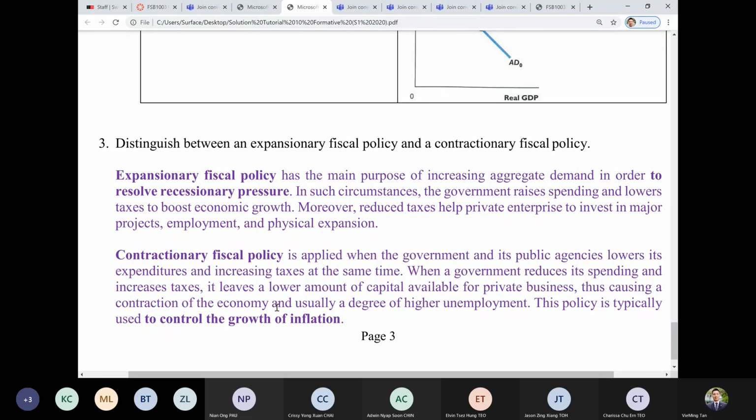Once the AD value reduces, this will shift the AD to the left hand side, and the price level of the goods will reduce. Once price level reduces, this can reduce the inflation rate. So this is how you explain the answer, to differentiate between expansionary and also the contractionary fiscal policy.